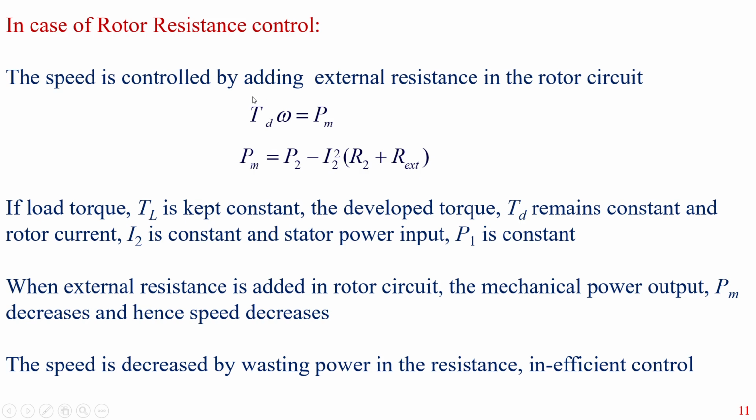As the load torque is kept constant, as Pm is reduced, the speed of the machine decreases. The speed is decreased by wasting power in the external resistance. So this is inefficient speed control.